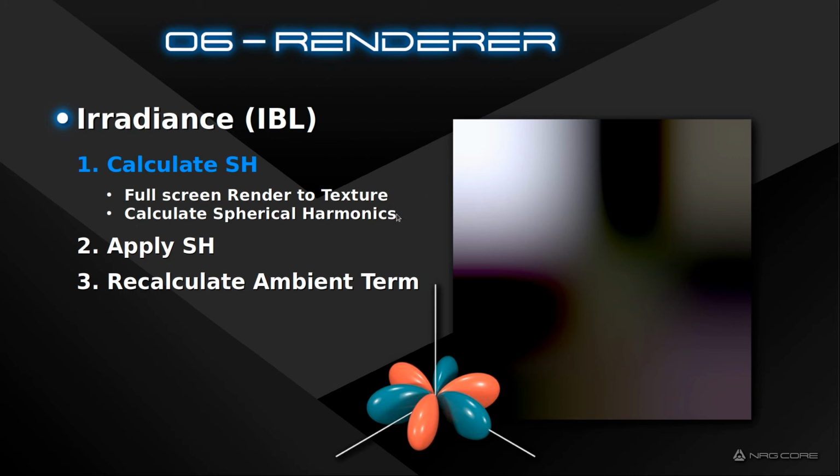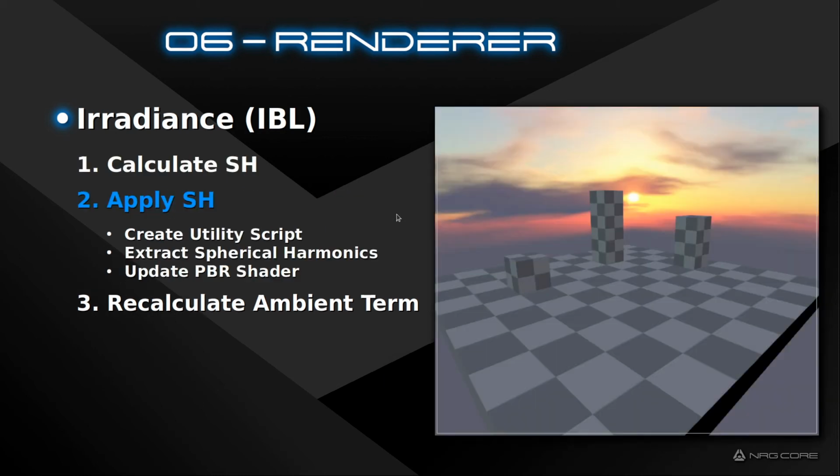Once we have calculated those spherical harmonics, we're going to need to extract them and apply them. That will involve first creating a utility script that allows us direct access to the texels of the off-screen texture that we calculated in the previous step. We're then going to extract those spherical harmonics from that texture and update our PBR shader.